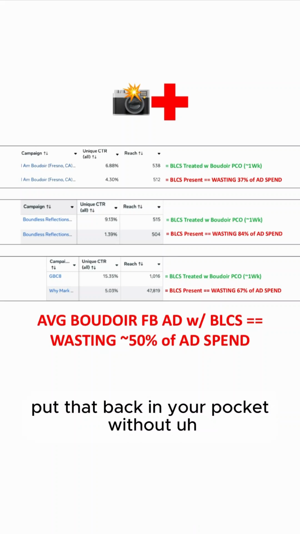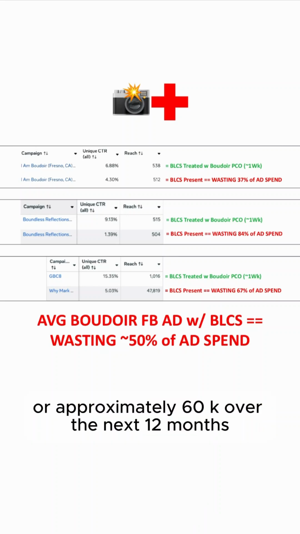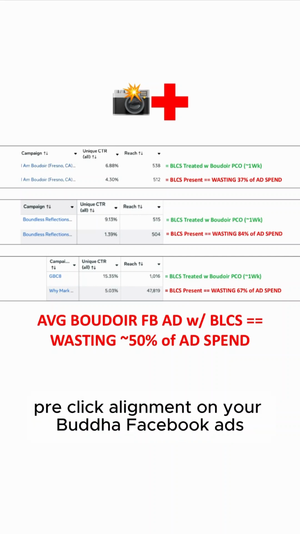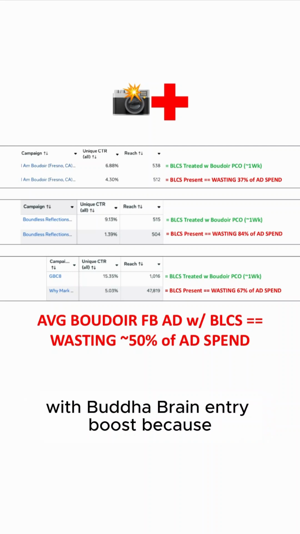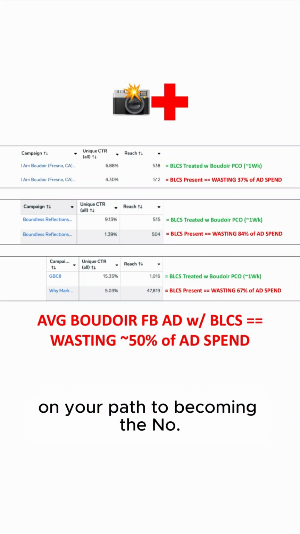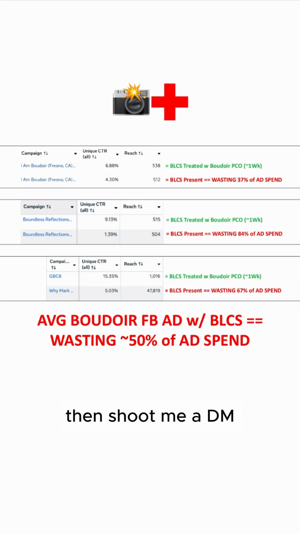Eliminate half that, put that back in your pocket without any extra effort. That'd be approximately 5K per month, or approximately 60K over the next year. And you want this outcome. You want to achieve pre-click alignment on your Boudoir Facebook ads, so you become a dominant boudoir advertiser with Boudoir Brain Entry Boost, because you know you need this on your path to becoming the number one boudoir photographer in your city. Then shoot me a DM.